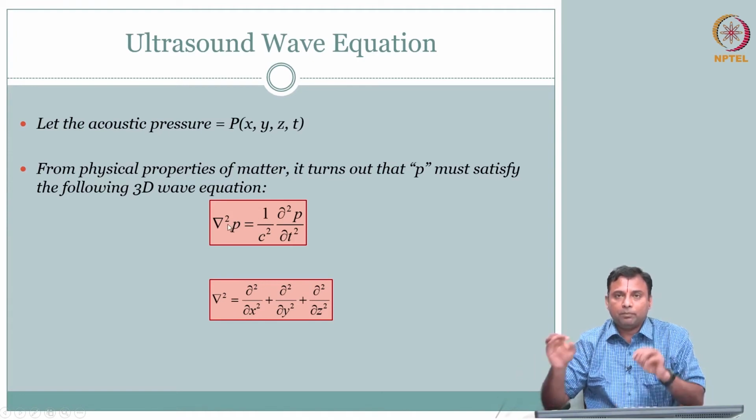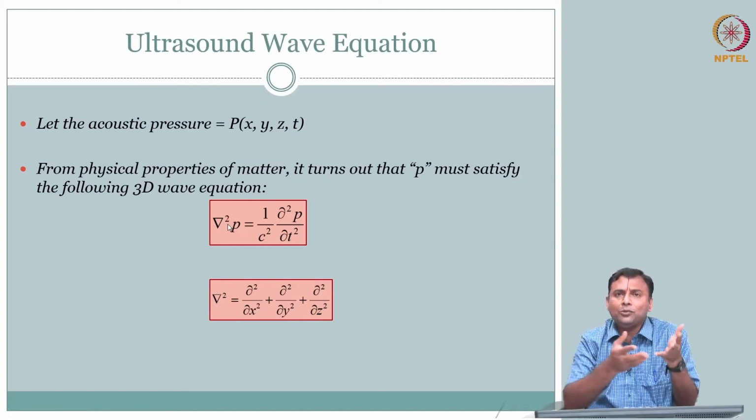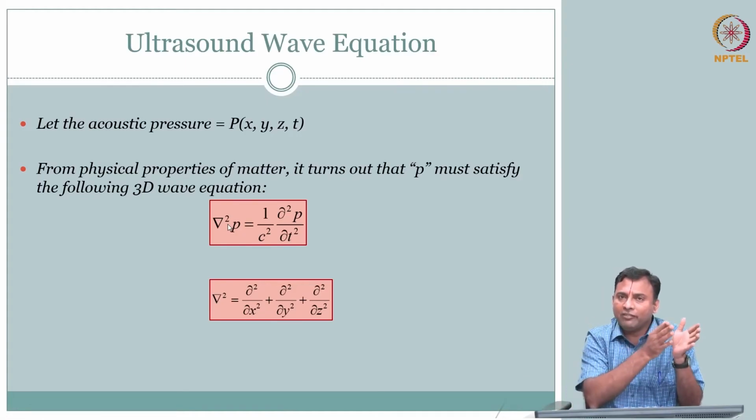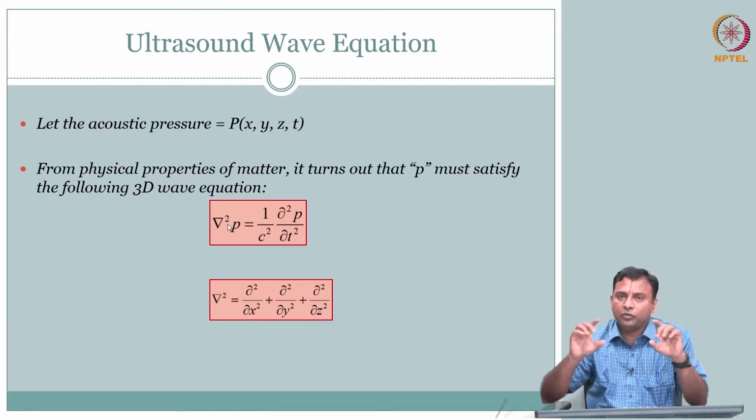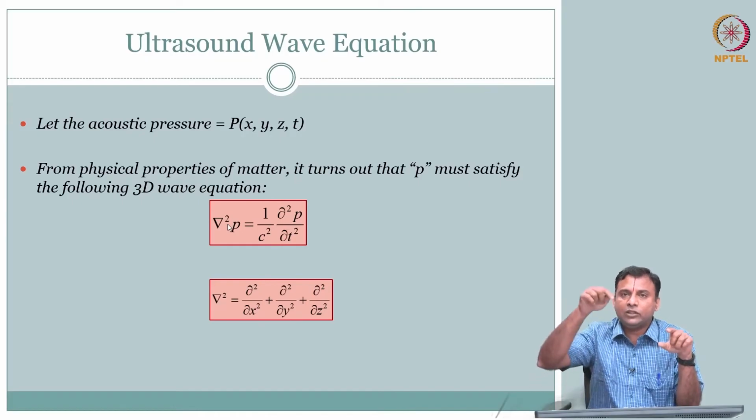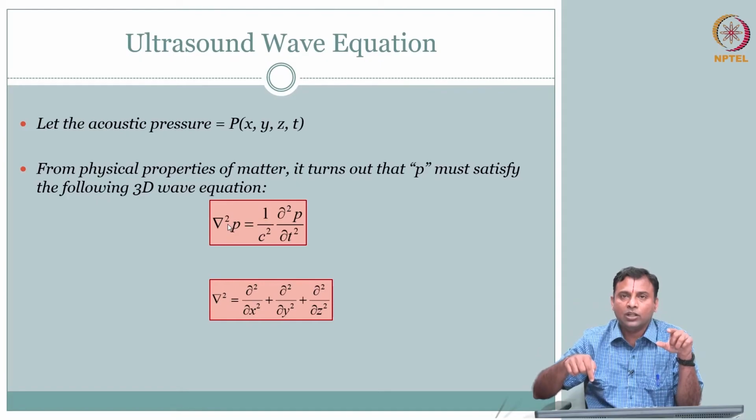Your pressure is changing both in time and space, that is what we saw. You saw the wave traveling from left to right. If you freeze time, at one instance, each location has a different pressure, some experience high pressure, some experience low pressure.